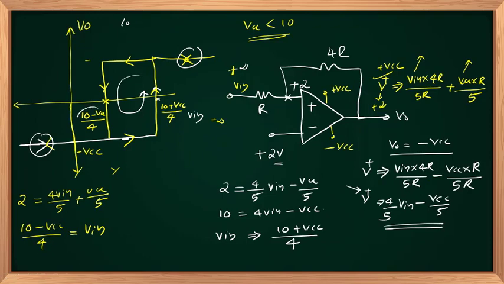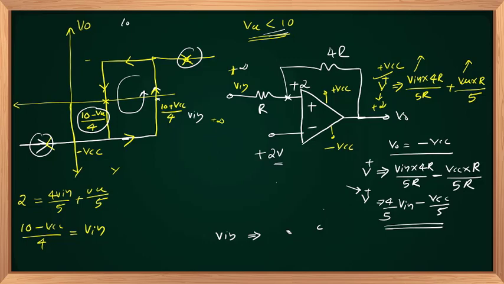Here it is positive if VCC is less than 10. So in general, your LTP need not be negative always, right? It can be either negative or positive.